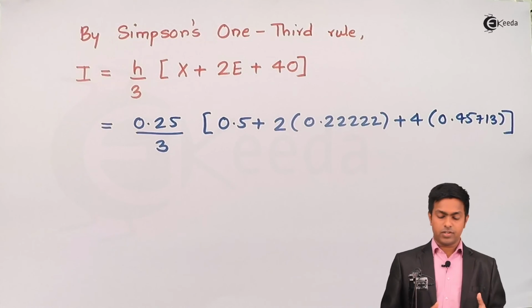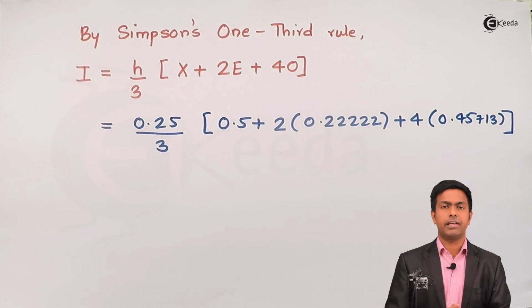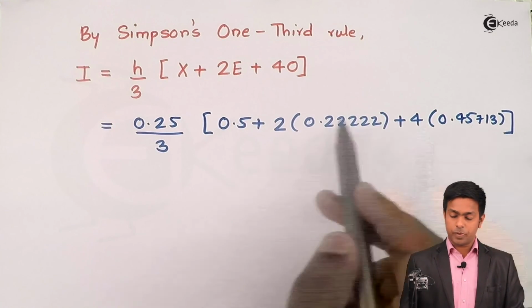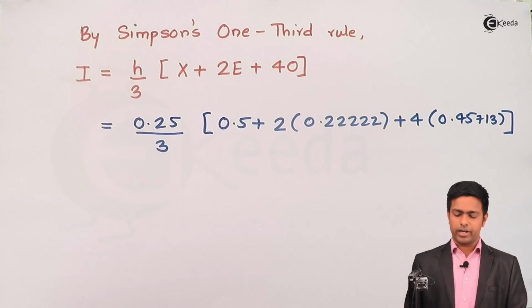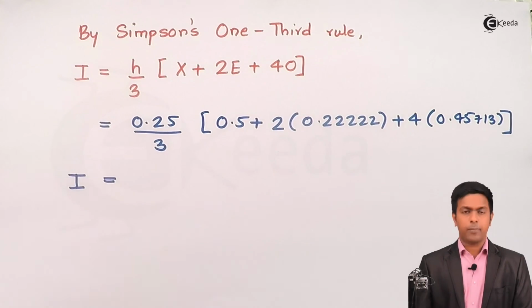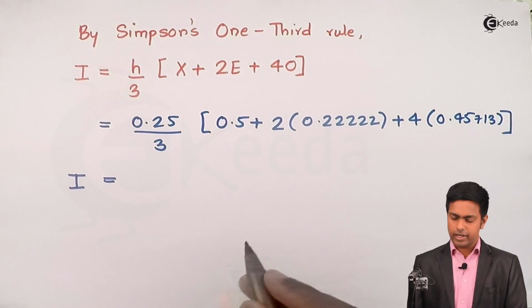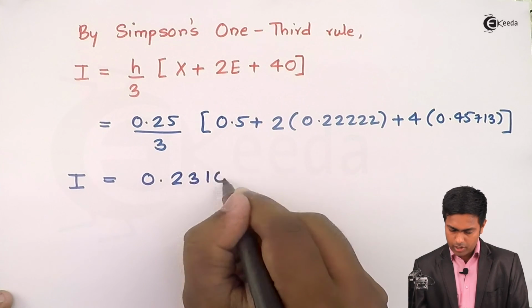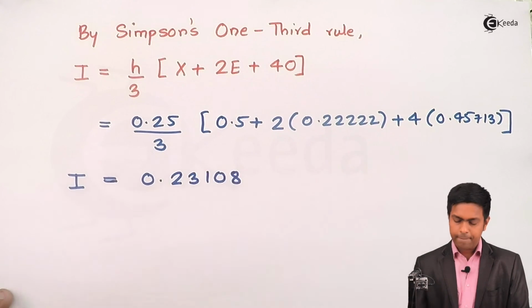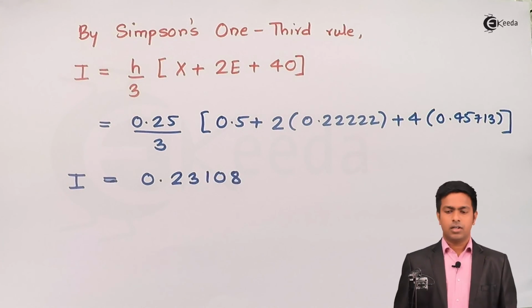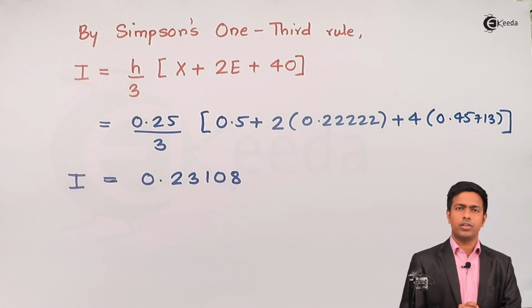Here we have substituted all the values in the integration. Now let's put this expression in the calculator to get the value of the integration. By putting all these values in the calculator, we'll get the answer as 0.23108. So this is the value of the integration by using Simpson's 1/3 rule.